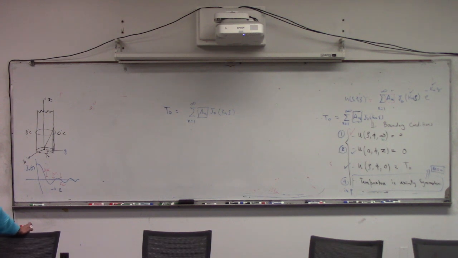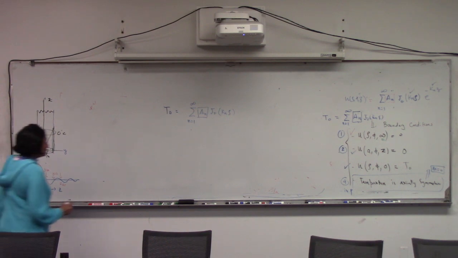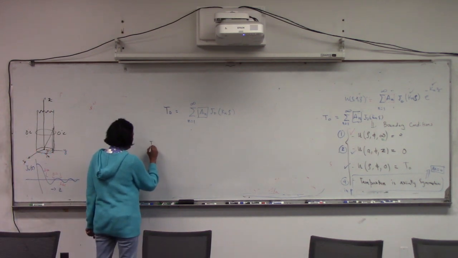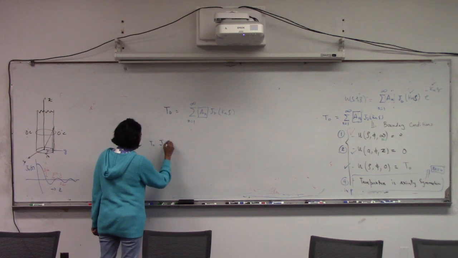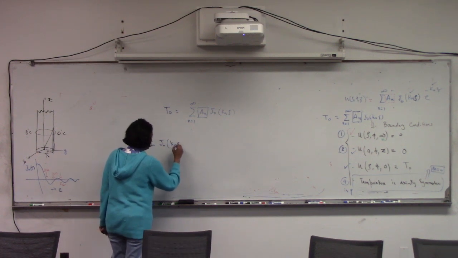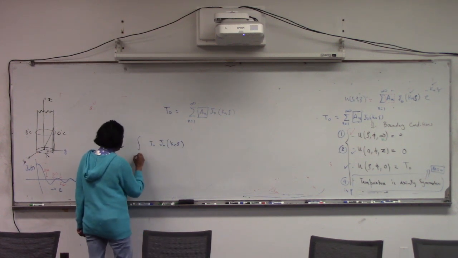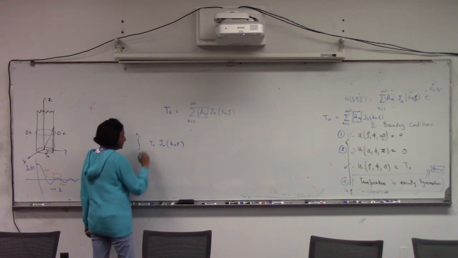Okay. So supposing we know the radius of the cylinder is a, supposing I multiply this by Kr rho, let's say from 0 to a.